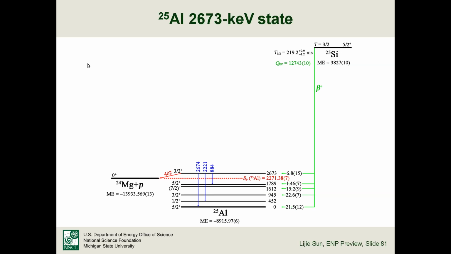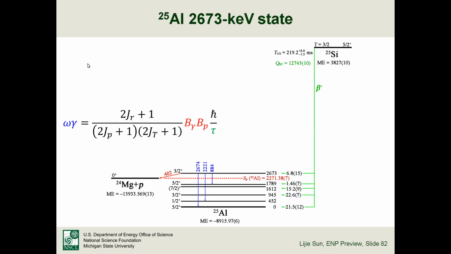First, we have measured the intensities of the beta-delayed gamma rays de-exciting the 2673 keV state, and the intensity of the 402 keV proton emitted from this state. Hence, this state is also called the 402 keV resonance in the context of astrophysics.